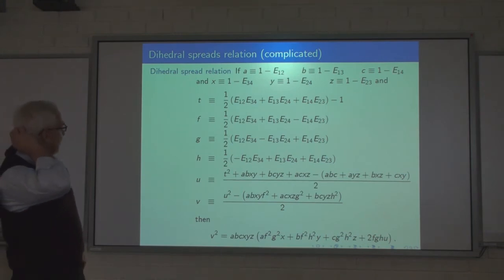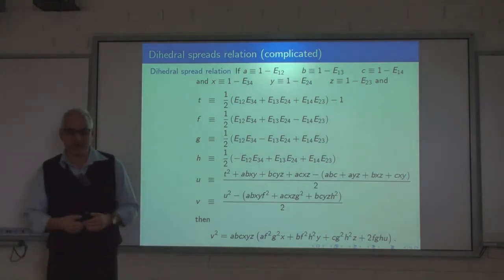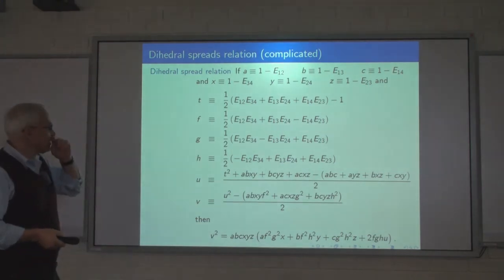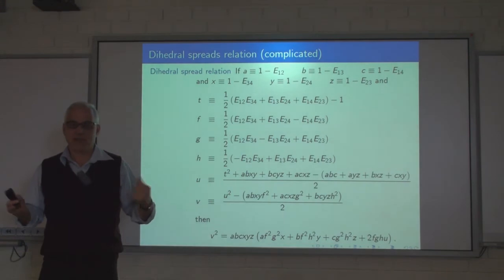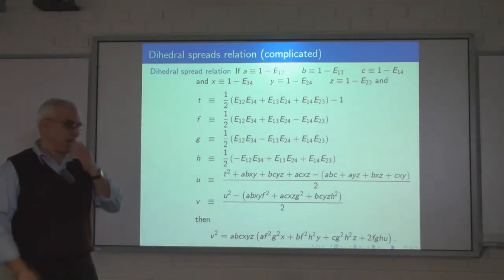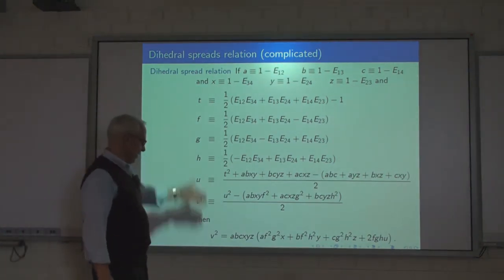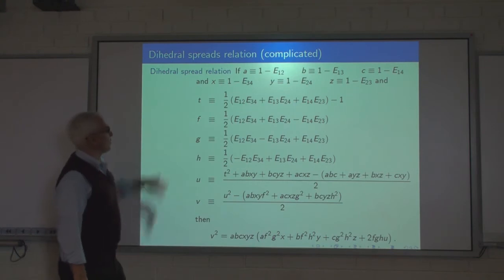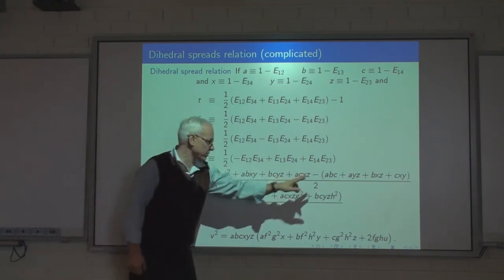Okay, now a little bit more complicated. Here we're kind of meeting some more serious algebra. So a question is, what is the relationship between these 6 dihedral spreads? It turns out that the 6 dihedral spreads are related by an algebraic equation. But it's not entirely trivial to write it down. Okay, so here I've written it down. You have to introduce these intermediate quantities, and then you have to introduce, well, you don't have to.